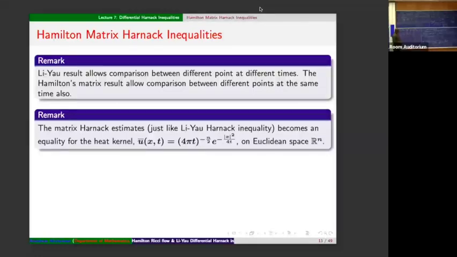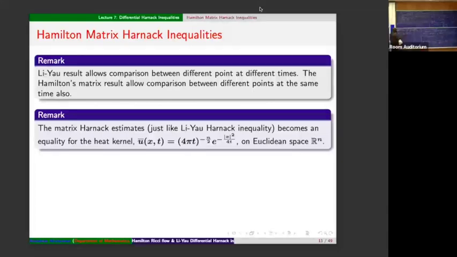So also, in fact, we have seen the equivalence between the Li-Yau and the Hamilton Harnack inequality. Anyway, it is called the Li-Yau Hamilton Harnack inequality, where this one is just the Li-Yau Harnack inequality. So there's equivalence between the two of them.